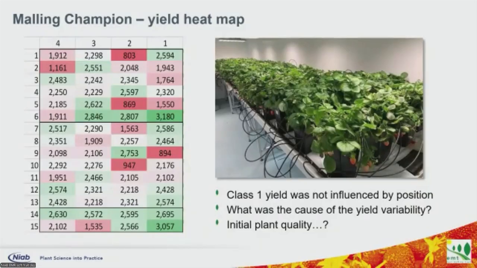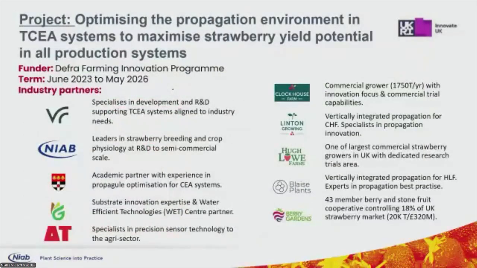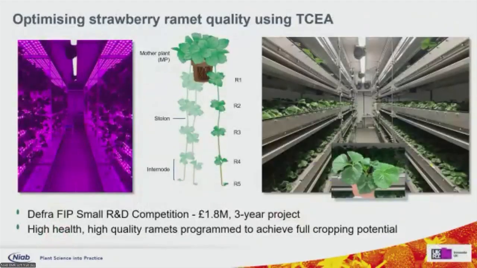Since there was no position effect and all the environmental conditions were the same, only one thing remained that was not quite there, and that is the propagule quality, the quality of propagation material. So we put together a consortium and started working on how we can have high quality propagules with no pests and diseases.